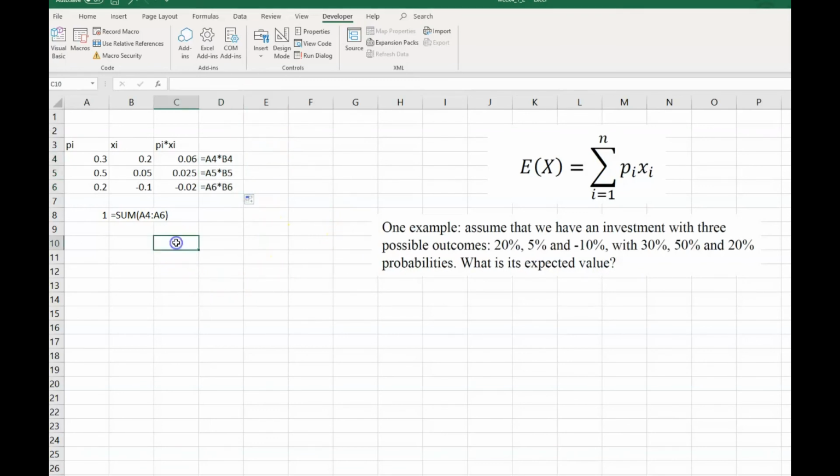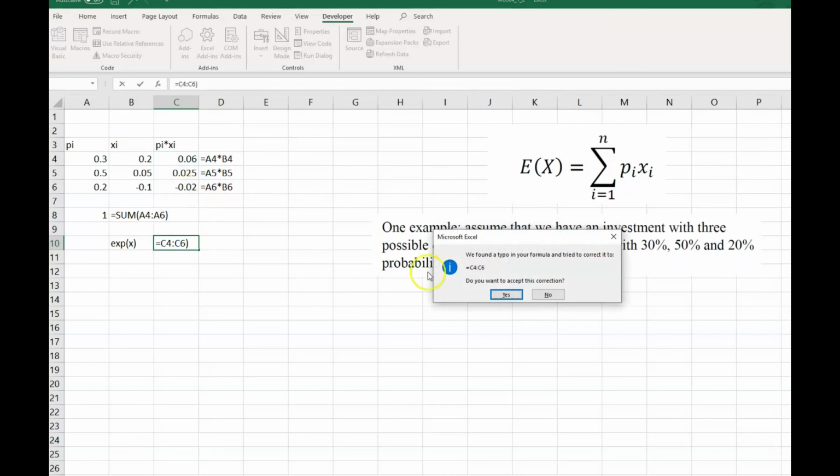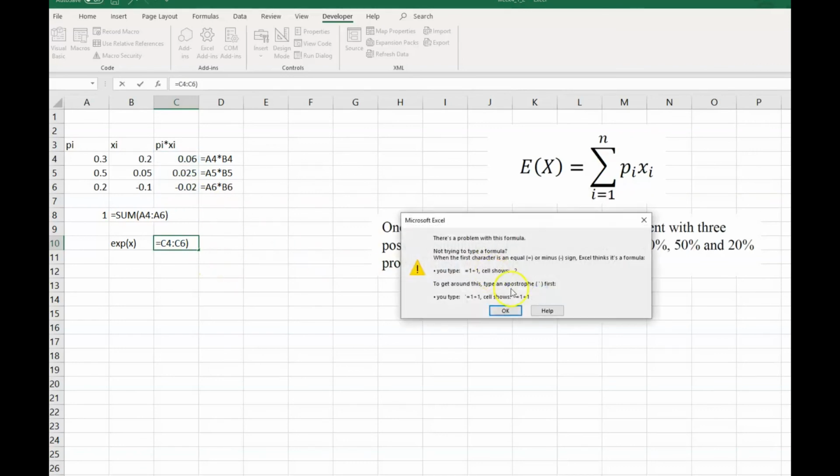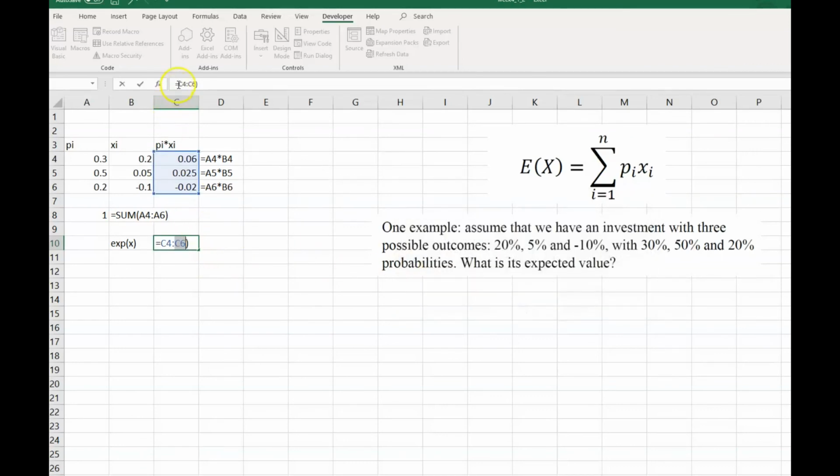Okay. The final expected value is simply the summation of these three values. I should use the summation of these three values. So show formula.